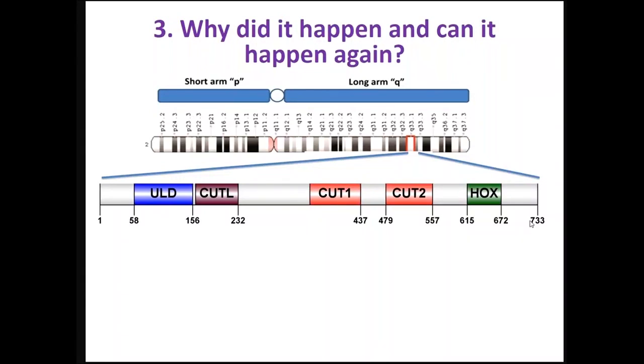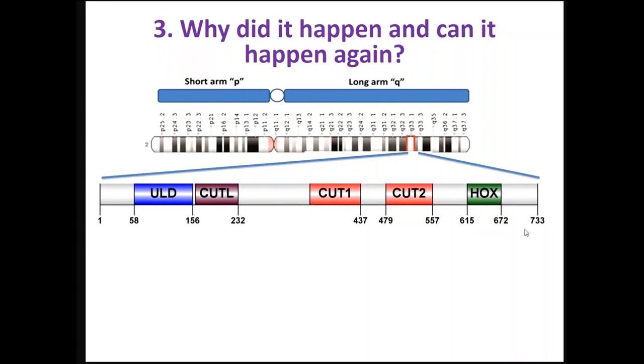I get a lot of questions about what the genetic test result means, and it's always important to remember that it is a long protein, 733 amino acids. When you look at genetic testing results, a lot of times it's going to tell you where the problem is. Sometimes it's in the beginning, sometimes it's in the middle, sometimes it's in the end. But that's just to give you an idea of where the problem might be located.